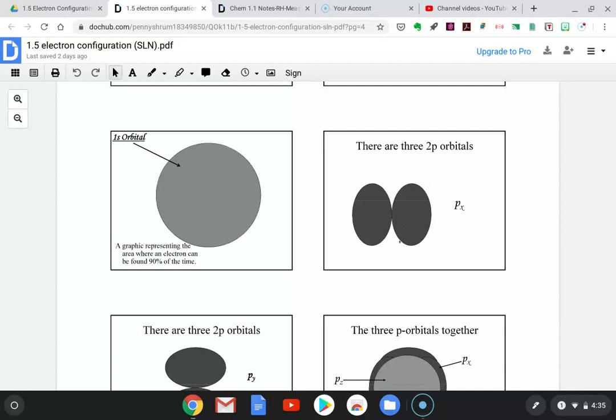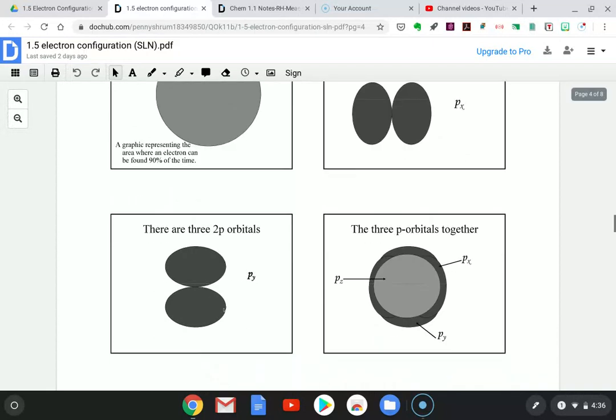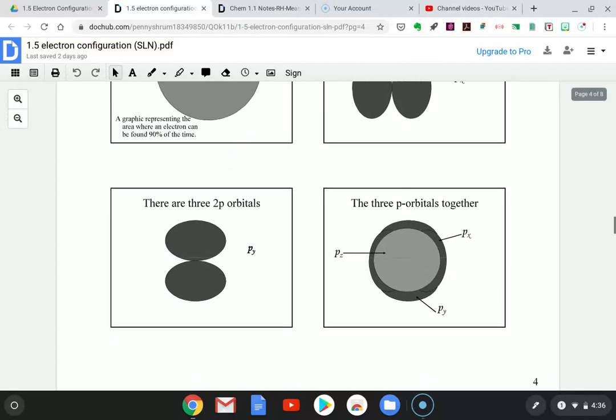And again, if I have an electron in a 2p orbital, specifically in the x direction here, that electron 90% of the time is going to be in this area. The same thing happens in the y direction, and there's a z one coming in and out of the page. The three of them together look really horrible. This is a horrible representation, but we'll give you a visual of this on Monday.